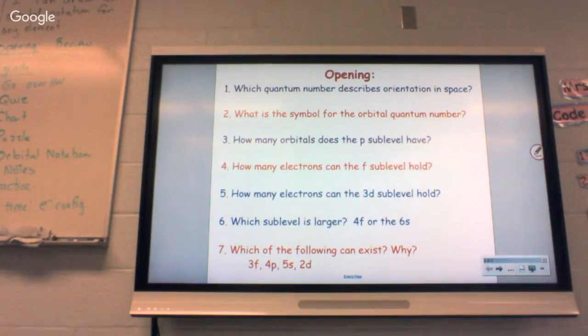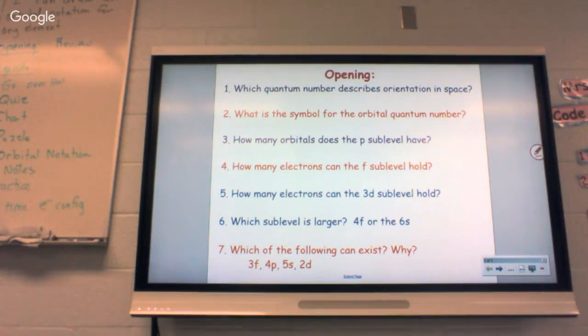All right, and number 7, which of those can exist and why? All right, so I hear 4P and 5F. So somebody tell me why 3F is a no then. Okay, so 3F can only have 3 sublevels. So what are the 3 sublevels then? 3S, 3P, and 3D.